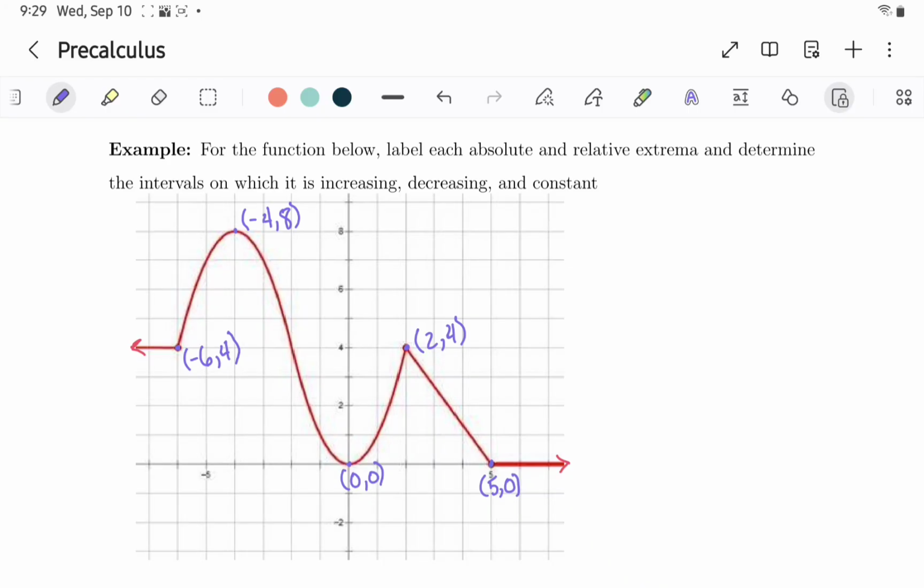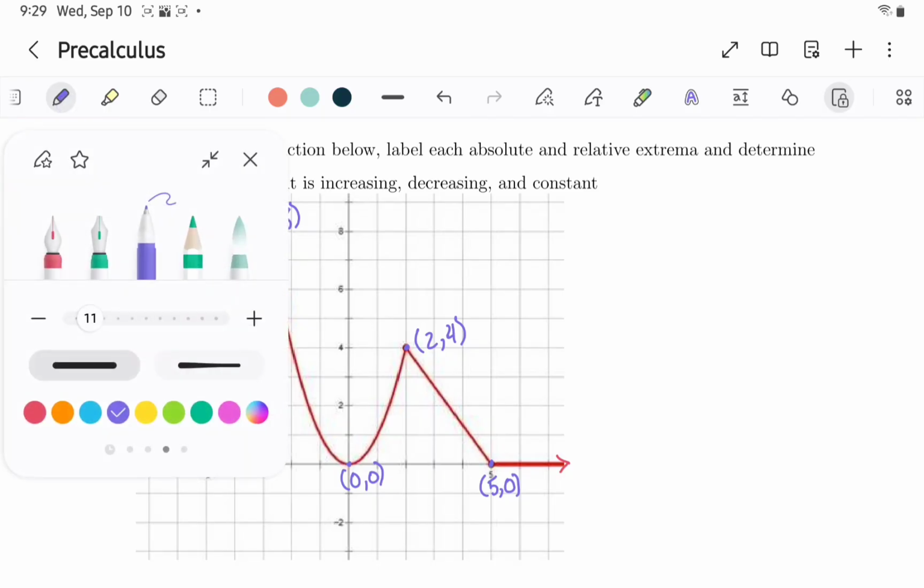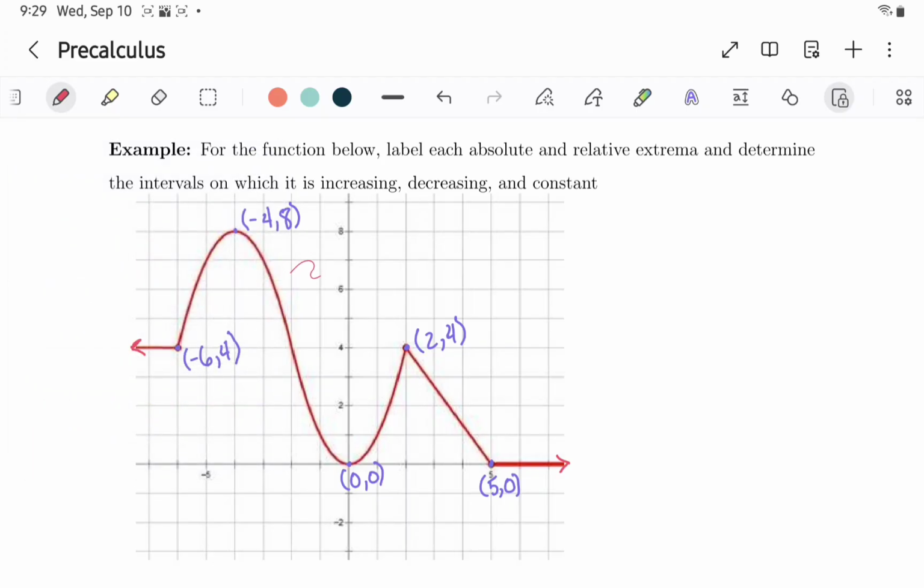All right, so just comparing the y coordinates of our different points, if we look at the point at -4, 8, this has the largest y coordinate, and indeed it is the highest point on the graph of our function here. Let's label this graph with a name for our function. We'll call it f, very original.